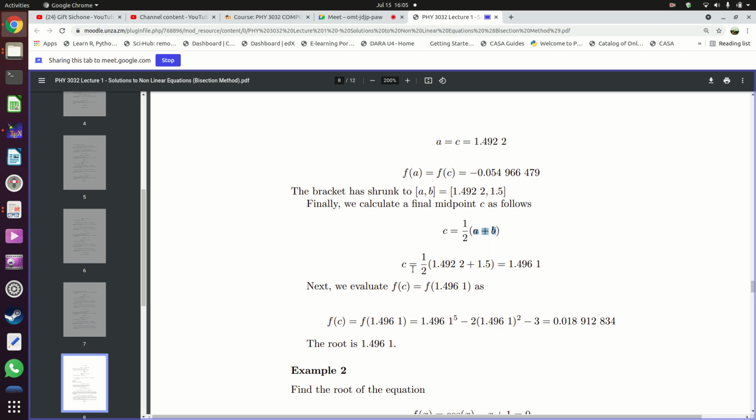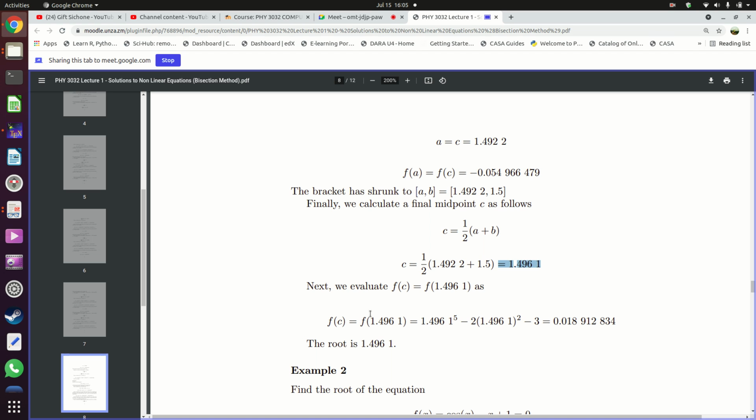So C is equal to 1.4922 plus 1.5, over 2, which is going to give you 1.4961. This is going to be a root. Then you try to see if this solution you've come up with is going to make your function almost equal to 0.